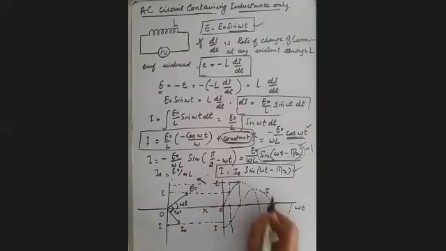So this is the curve for I, this is the curve for E. So you find that when I is 0, E is maximum. When E is 0, I is maximum, and so on.